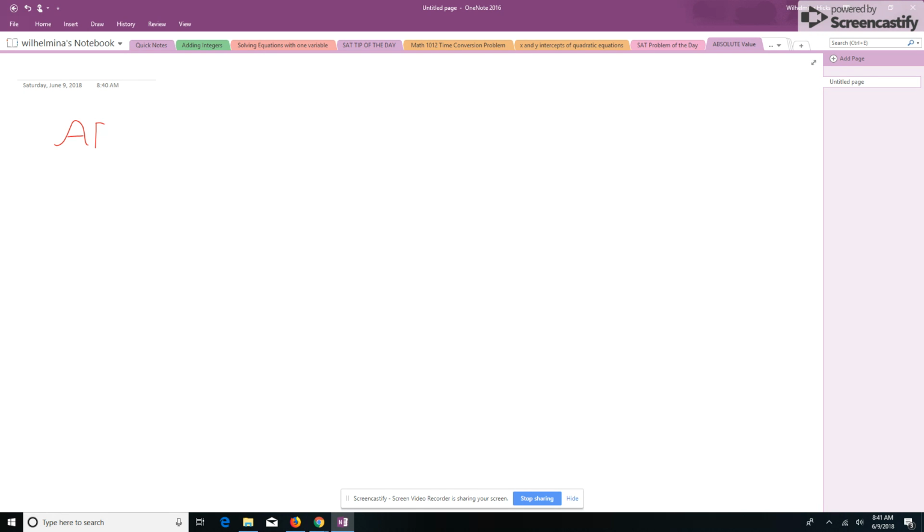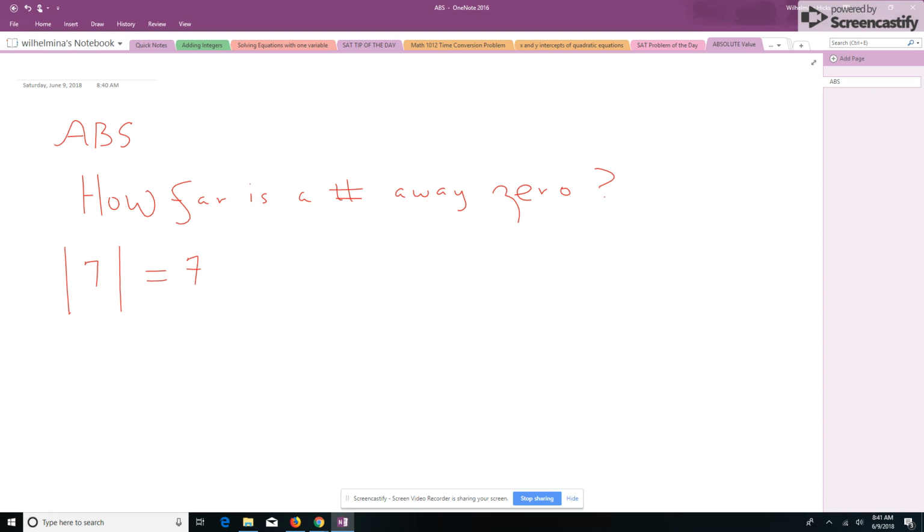Okay, so when we're talking about absolute value, we're talking about how far is a number away from zero. So when we were saying the absolute value of 7 equals 7, that's because 7 is 7 jumps away from 0.